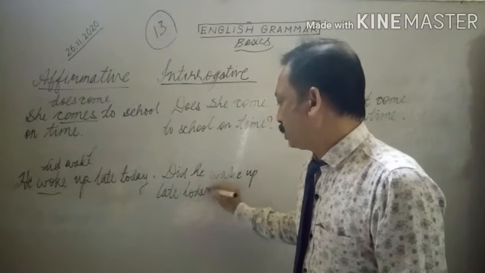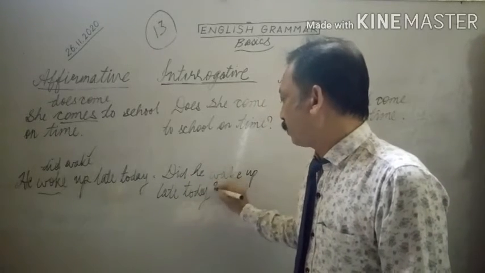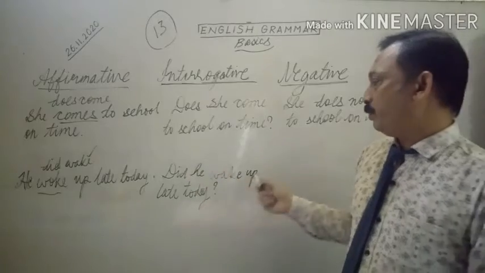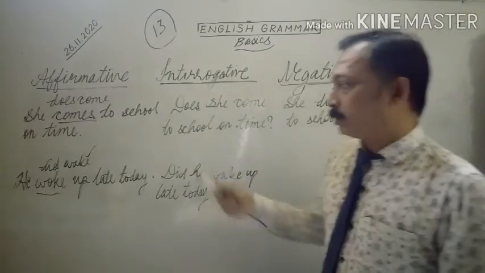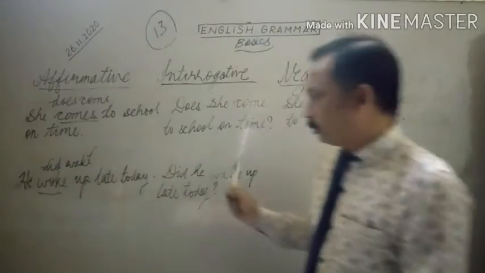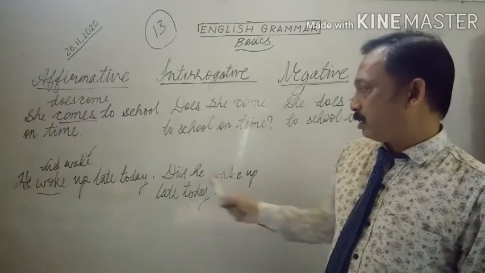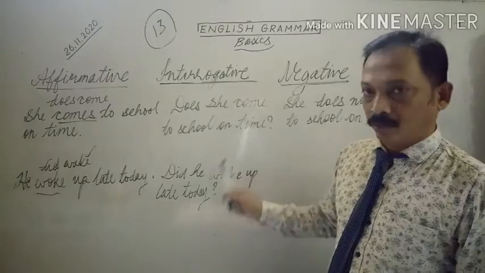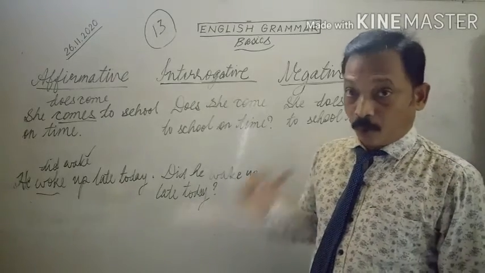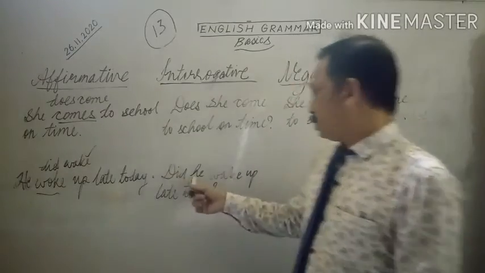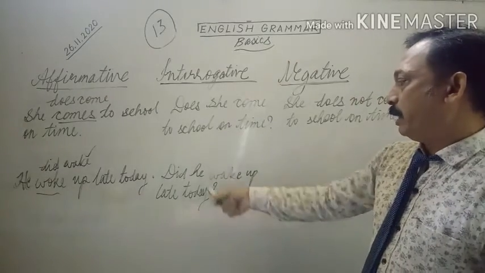The remaining part is the same, but there must be a question mark. Don't say woke up again because it has changed into did wake. You have already used did in the beginning, and the remainder is only wake, not woke. We have broken it up already. So, did he wake up late today?